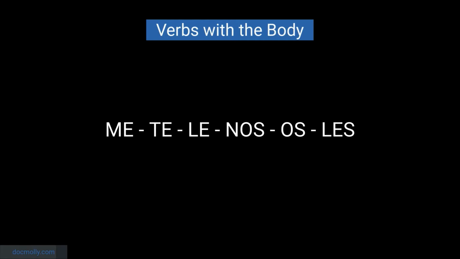The indirect object pronouns in Spanish are me, te, le, nos, os, and les. The reflexive pronouns are exactly the same except that le and les are replaced by se. Consider the following example. Me toco la nariz. I touch my nose.